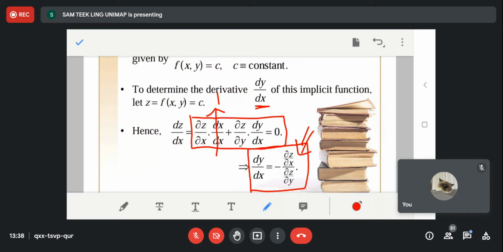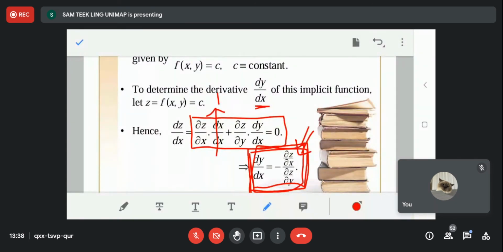This is how you build your implicit function. So if the question wants you to solve one equation equal to a constant, and you want to find dy/dx, you can directly use this implicit function formula. No need to show how to build it, you directly use it only.